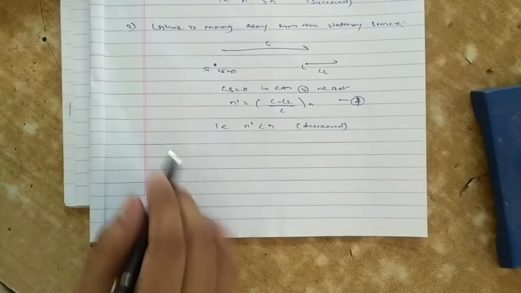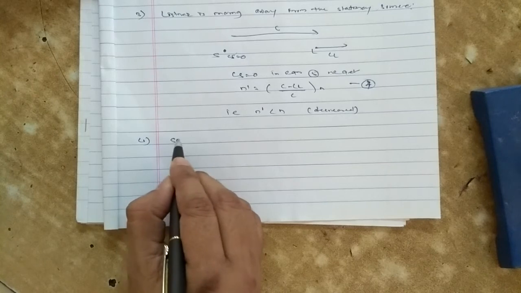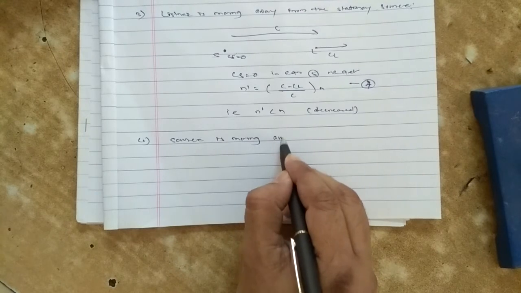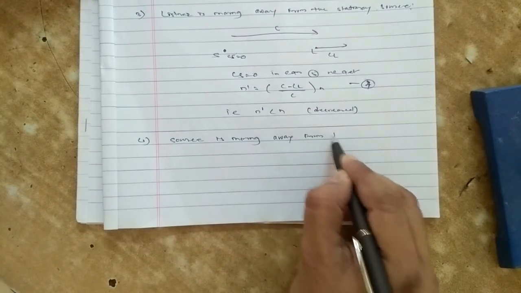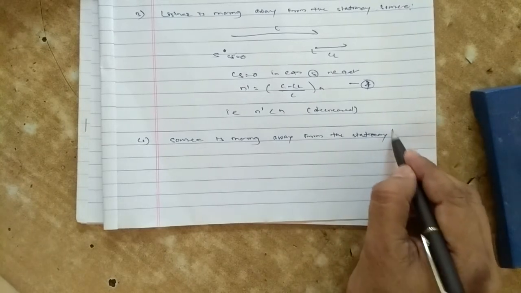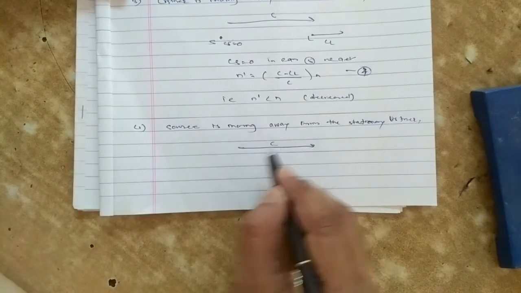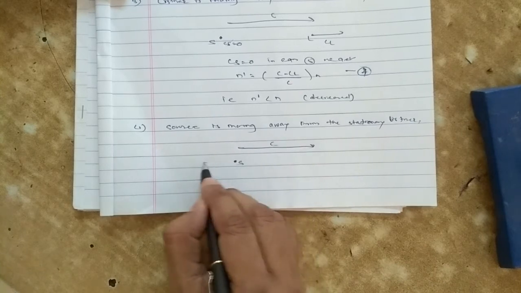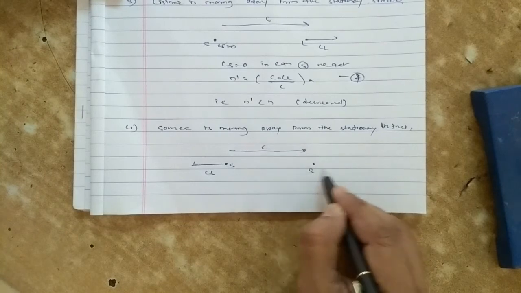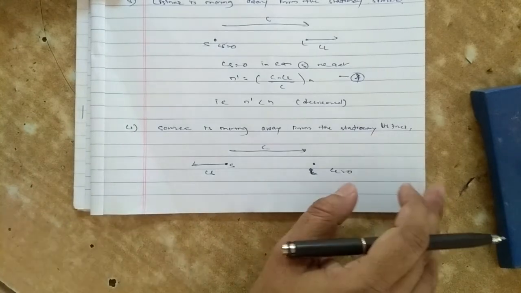This is case number 4: the source is moving away from the stationary listener. This is the source, this is Cs, this is the stationary listener, Cl is equal to 0.